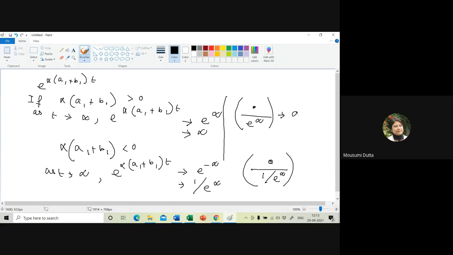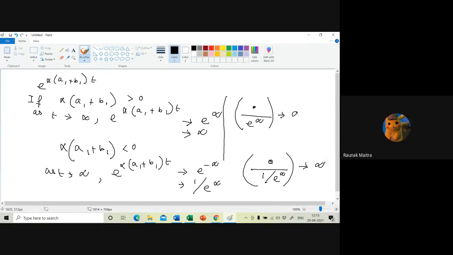Now 1 upon infinity, since it is a very large value, is moving towards 0 itself. So this entire expression, something divided by 0, is moving towards infinity.